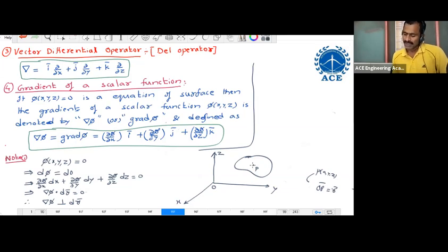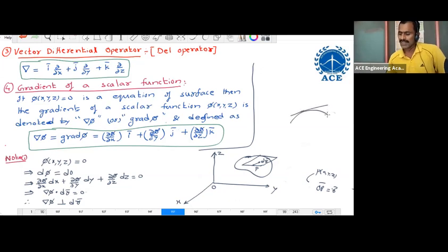At this point on the surface, if we draw a tangent plane to the surface like this, then this dr bar lies along the tangent plane only.